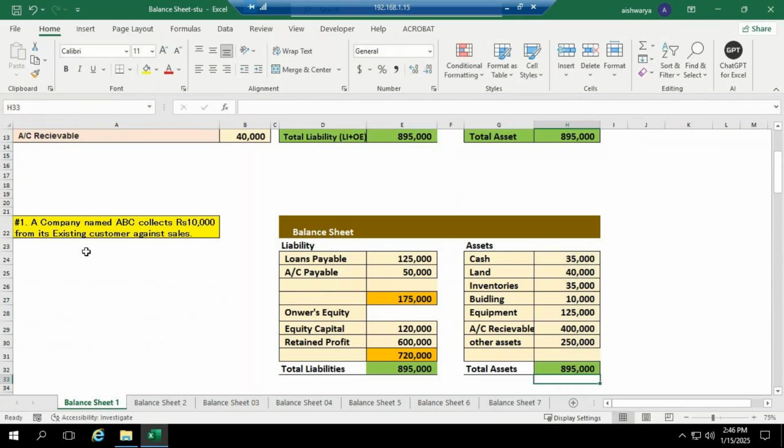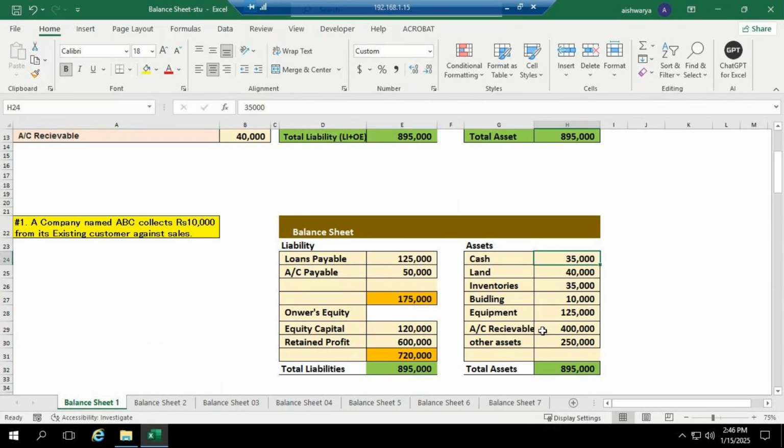Okay. So now we will come to the adjustment. A company named ABC collects rupees 10,000 from its existing customer against the sales. Collects 10,000 from its existing customer, so here we have to add, right?